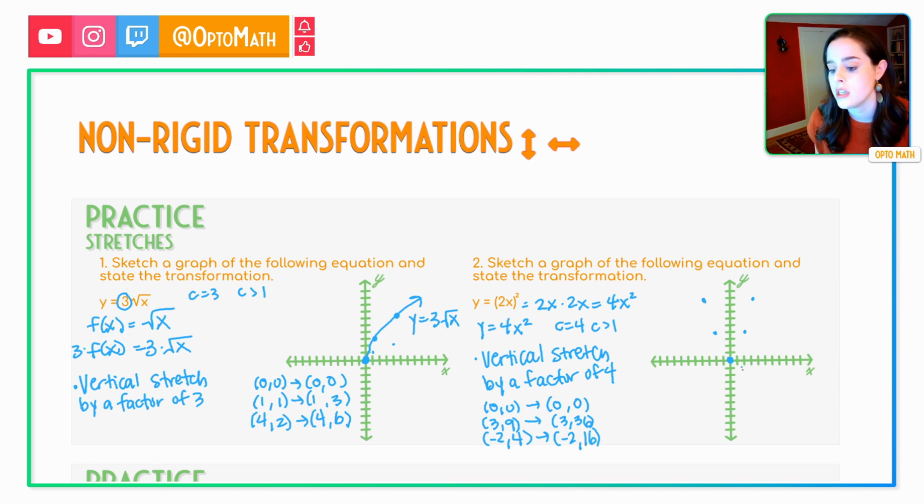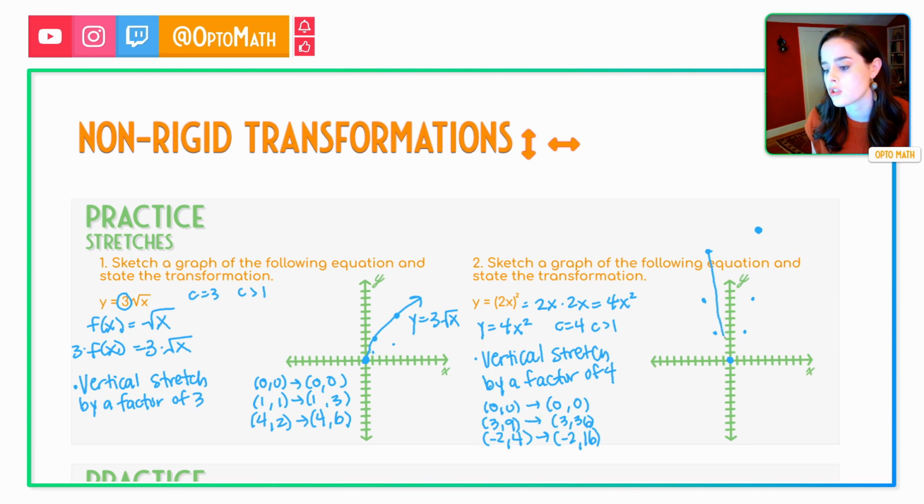So let's graph these. We're going to be off the graph for this one, but that's okay. So our 3 goes to like way up here somewhere, 36. And then our negative 2 goes to 16, which is not too far because that's a 10, 11, 12, 13, 14, 15, 16. So this 36 is probably a little bit higher.